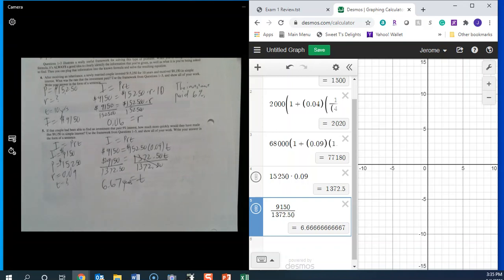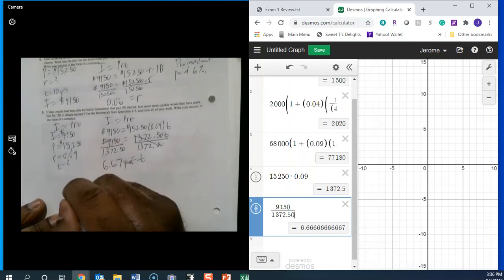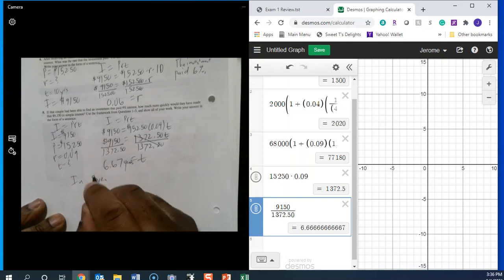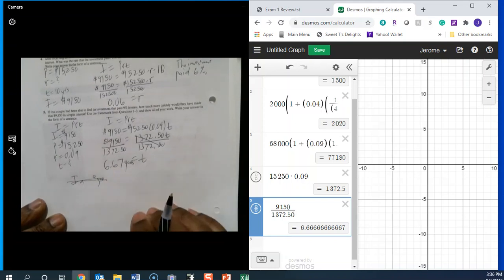Now they ask us how much sooner would they earn the money. Now remember, it took 10 years when the interest is 6%. So at 9 years, well, no, actually, not 9 years.